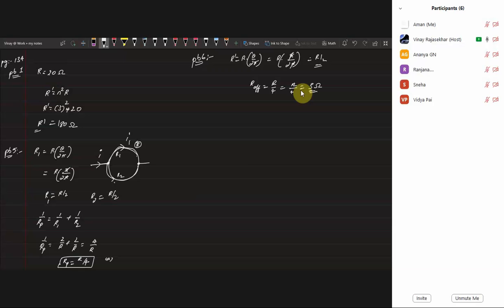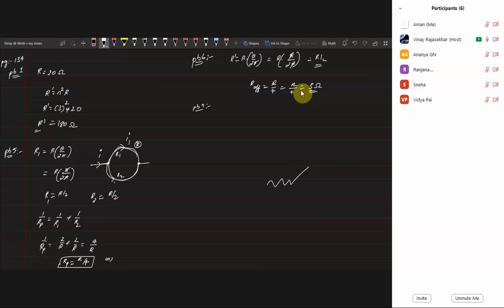Then look at question number 9, problem number 9. Two metallic wires of identical dimensions are connected in series.